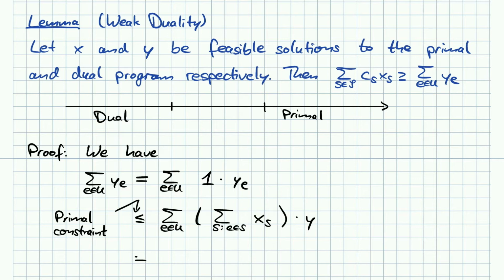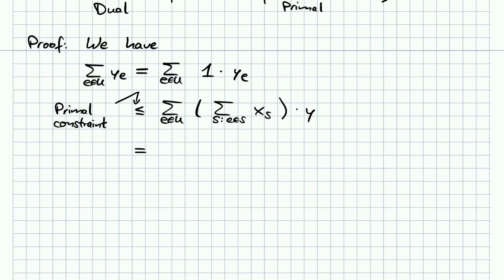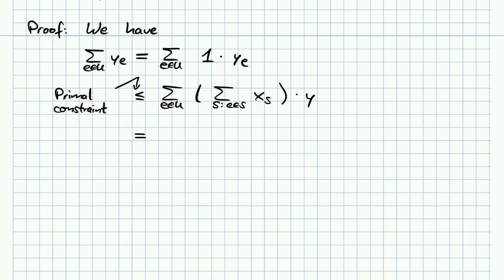Now let's reorder things. We might also instead add up over all possible sets, take the value x_s, and then add up all elements e in that set and take the sum over all the respective y. This is just reordering this sum here.